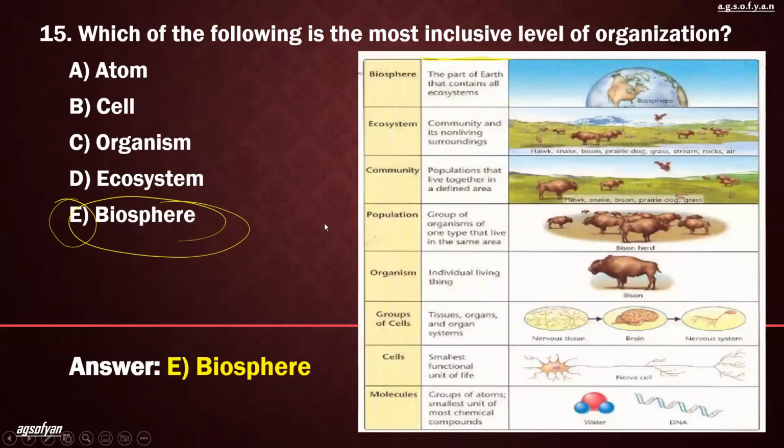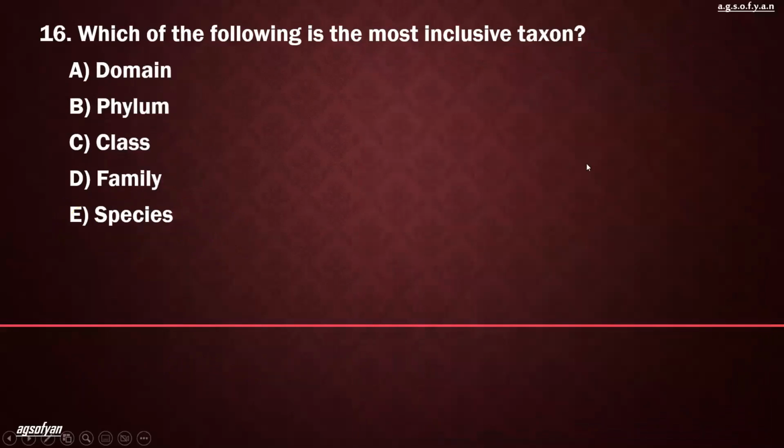Which of the following is the most inclusive taxon? The taxon that includes everything is the highest taxon, which is domain. Good job. Yes, the most inclusive one is domain.